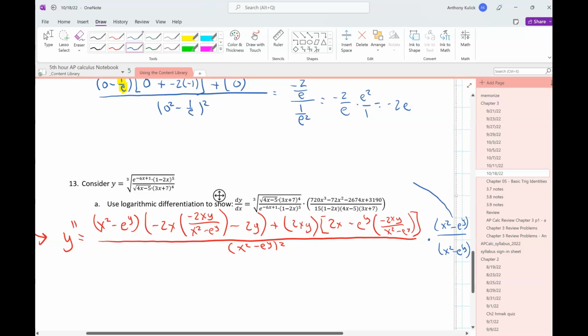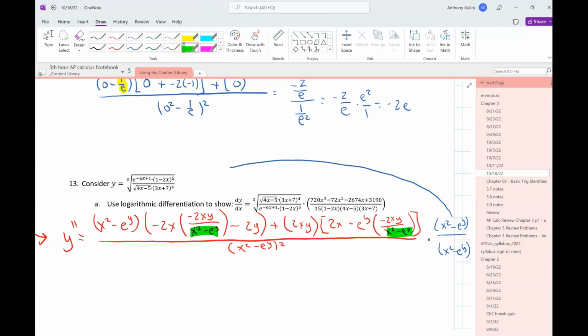So I'm going to multiply the top and bottom by this so that I can clear the fraction. So if I distribute, I need to distribute 1 to here, 1 to here, 1 to here, and then 1 to there. Okay?